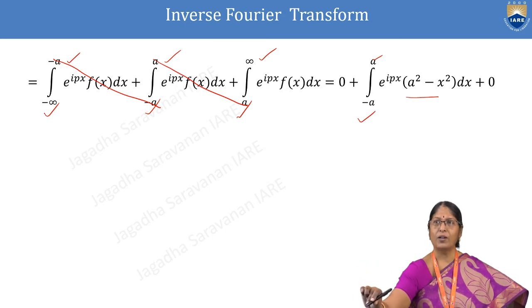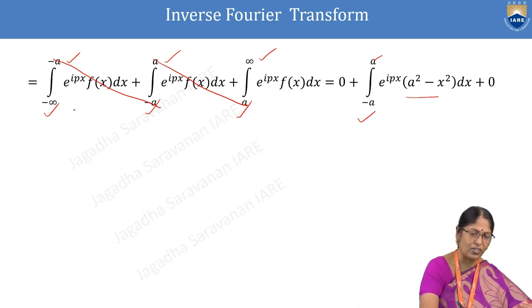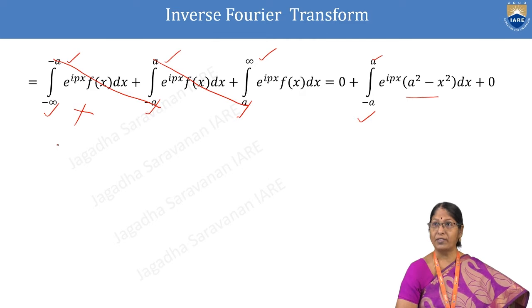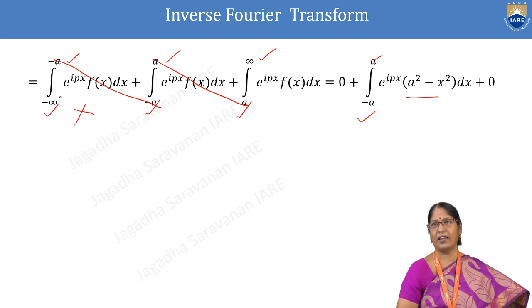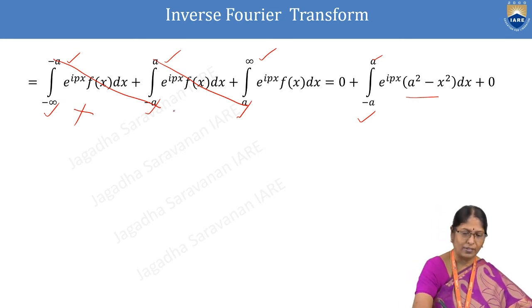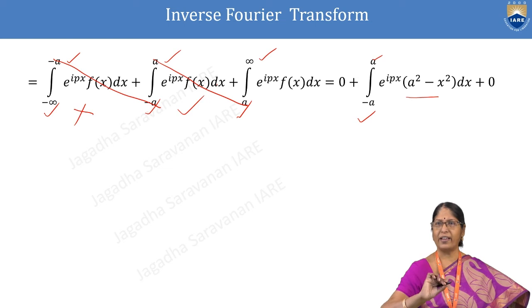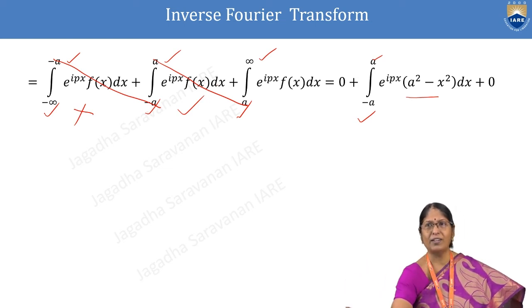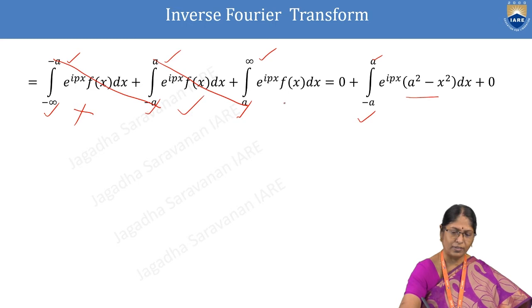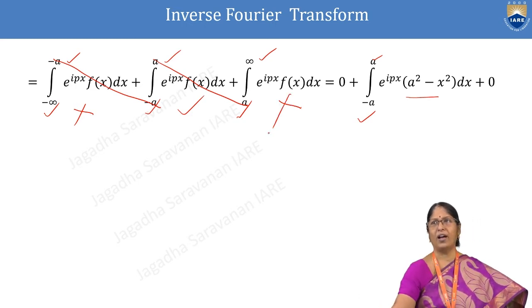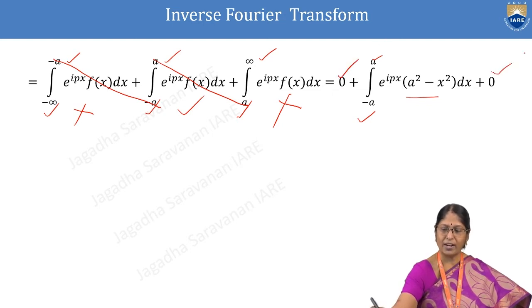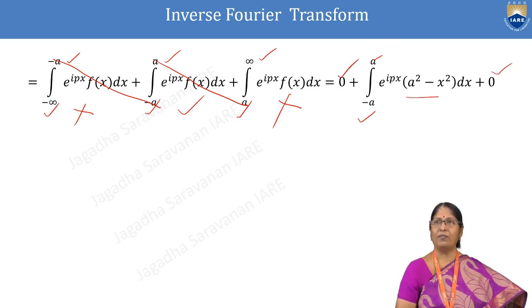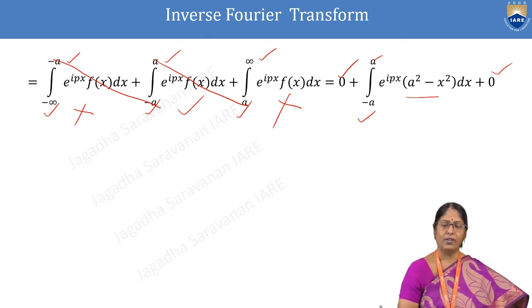According to our problem condition, the first integral vanishes, because x lies between minus infinity and minus a, where the function is not defined. The second one is valid, matching our given problem condition. The third one is also invalid, it doesn't exist. That is the reason the first and third integrals have become 0. Only the second integral exists.